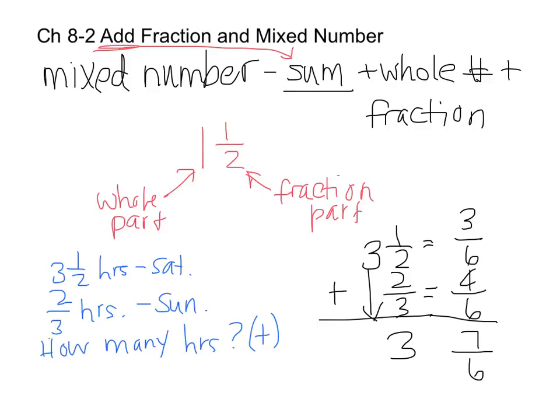Right. The numerator is greater than the denominator. That is an improper fraction. It is not in simplest form. So, with that being 3 and 7/6, we need to change the 7/6 to a what? Mixed number. Right, exactly.